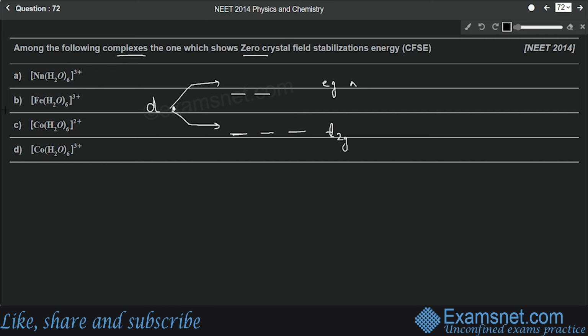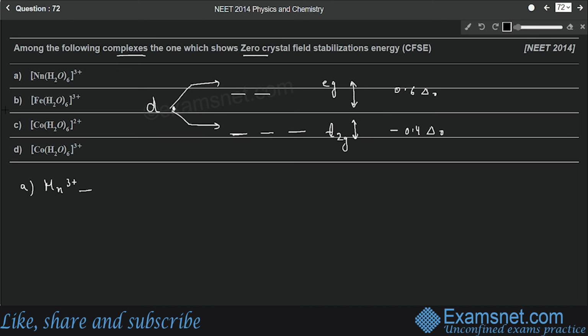Now, the energy gap between the higher energy level and the center point is 0.6 delta naught, and the energy gap between the lower energy level and the center point is minus 0.4 delta naught. Okay, so using these values we'll find the crystal field stabilization energy for each of the given options. In the first option we have manganese ion, Mn3+ ion.